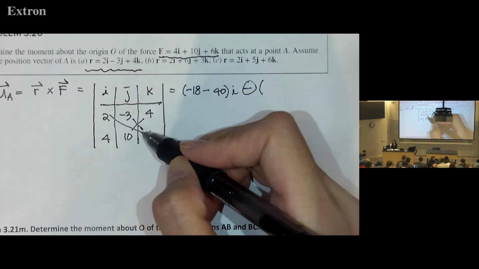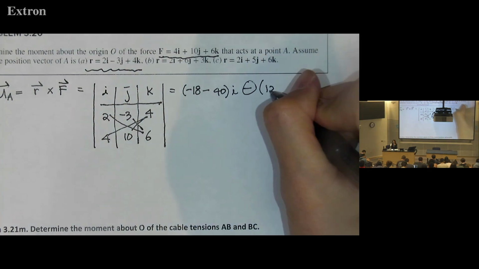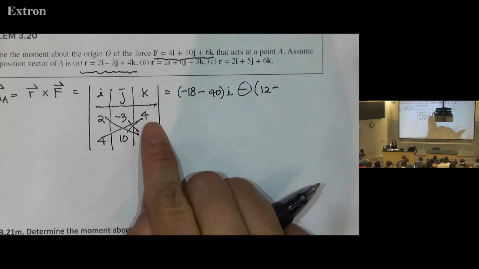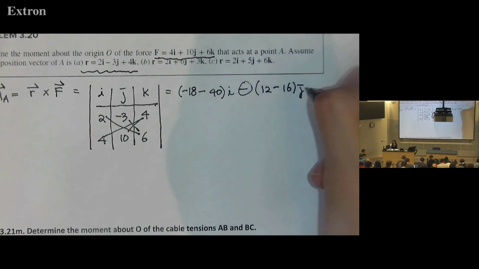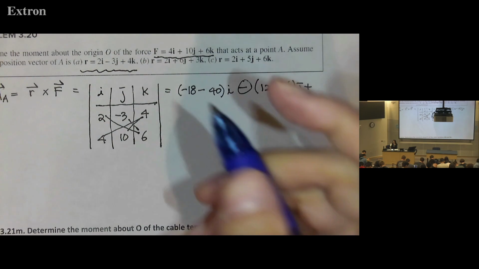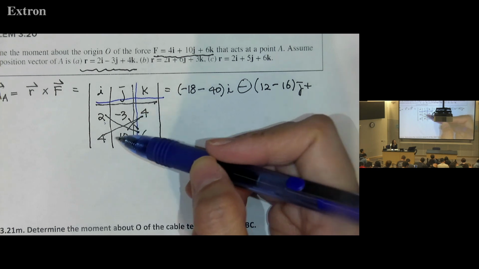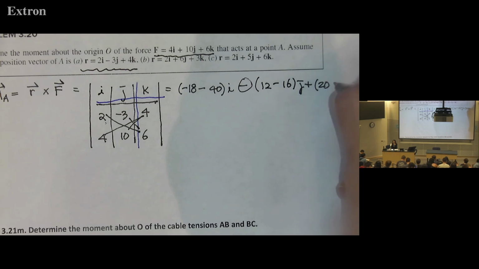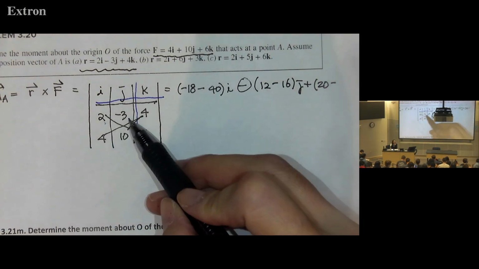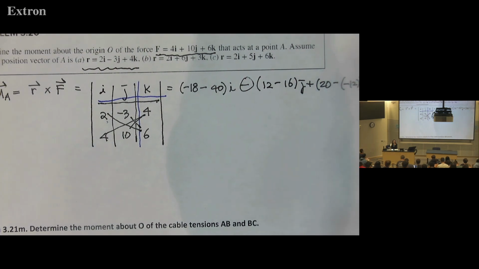And then these 2 minus this 2, right? 2 times 6, 12, minus 4 times 4, 16, j. And the last one, so using this divider, and then this 2 minus this 2. So 2 times 10, 20, 4 times minus 3, minus 12, and k.